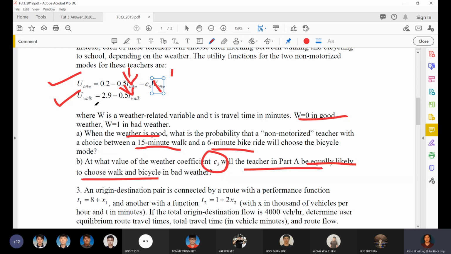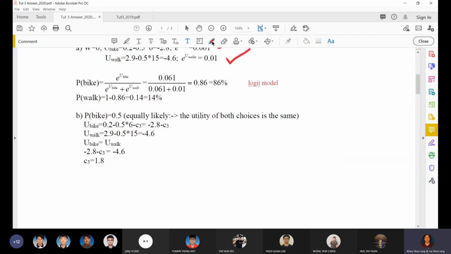U bike will be equal to U walk. So here this is what you get. U bike equals to the U walk, and then you make these two equations equal, you get C3 is 1.8.